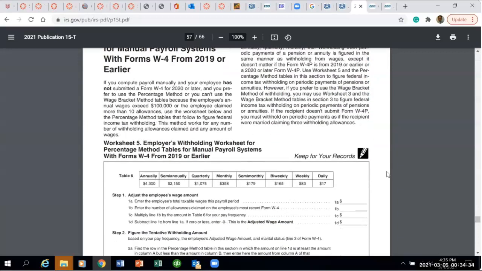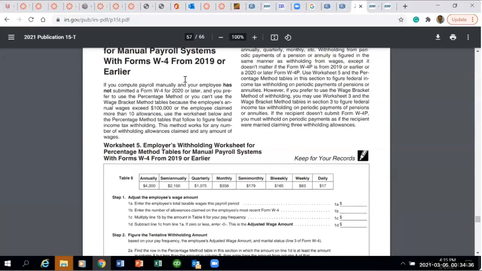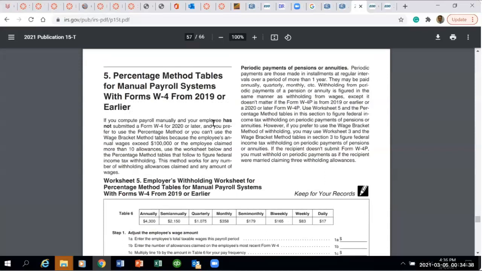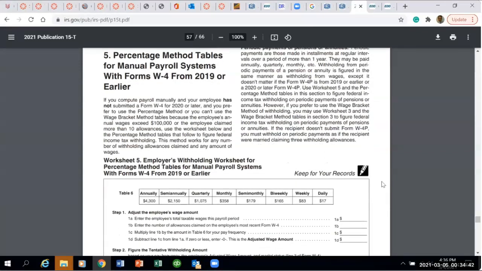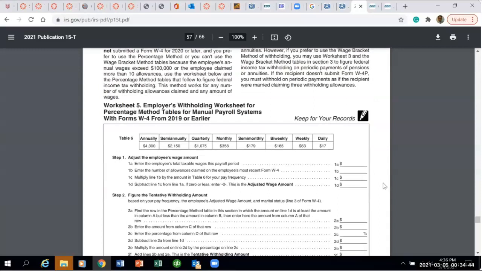Okay, so let's look at this right now. It says percentage method, manual payroll system, 2019 or earlier. As you see, it gives you a set of tables: annually, semi-annually, quarterly, monthly. So depends on what you have, you have a set of dollar amounts.